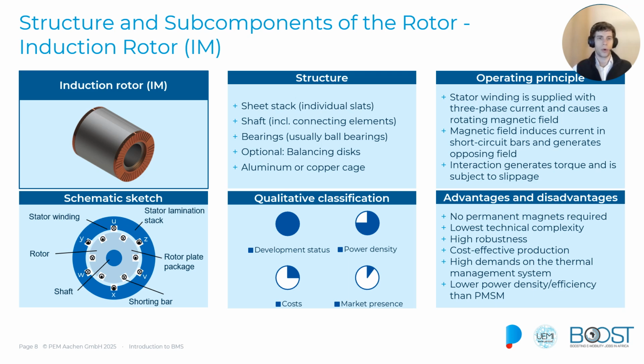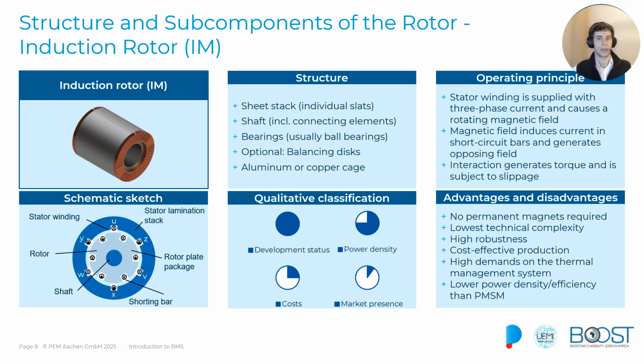The third popular design in the market is the induction motor. And as the name suggests, it works by induction from the stator to the rotor. We use short circuit bars as conductors in the rotor and no coils like in the EESM.